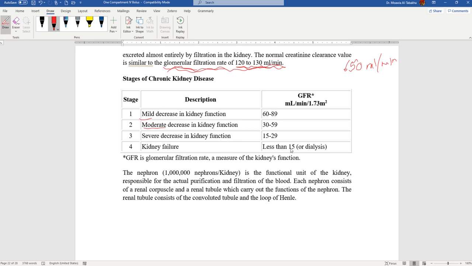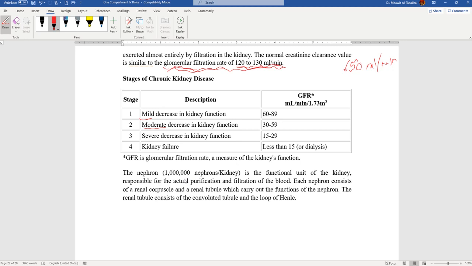If it is less than 15 ml per minute, then I have kidney failure, and in this case I need dialysis, whether peritoneal dialysis for example, or blood dialysis. Anyway, I need to do dialysis. Okay, this is kidney failure if it is less than 15.